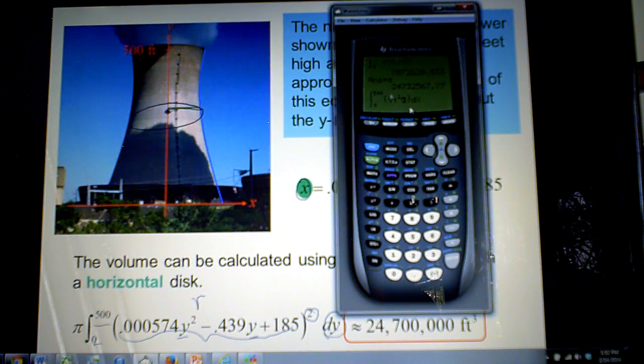Now I'm going to square y1. Go ahead and multiply by pi. What did I do wrong? Oh, it doesn't like that I left that whole thing blank. It's waiting. There we go. Okay.